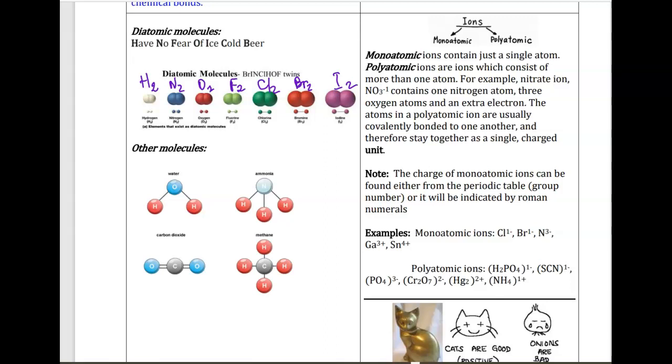Okay, there are other types of molecules. They can have more than two atoms, like H2O, water, and this formula shows us that a molecule of water consists of two hydrogen atoms and one oxygen atom. And you can tell me why there is no number here.